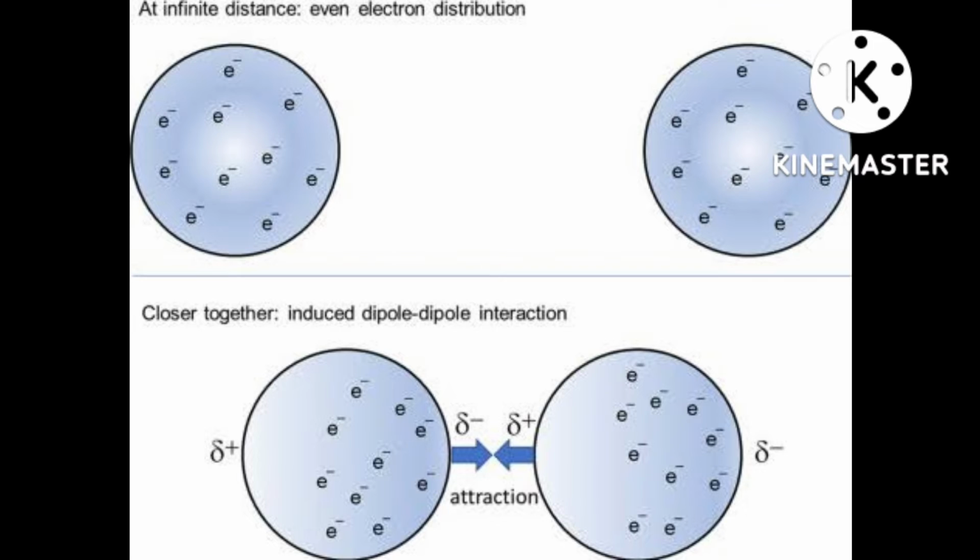This question is asked because only partial charges are involved in dipole-dipole interaction, but ionic compounds have full charges. That's why ionic interaction is stronger and dipole-dipole interaction is weaker.